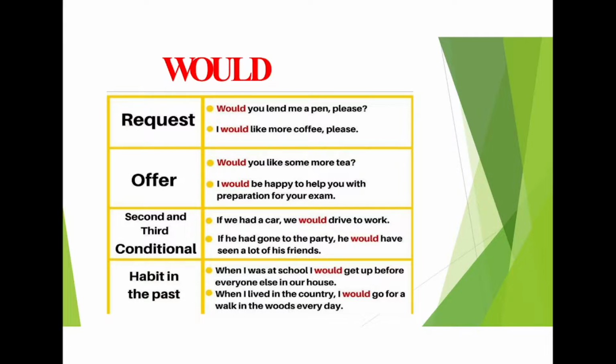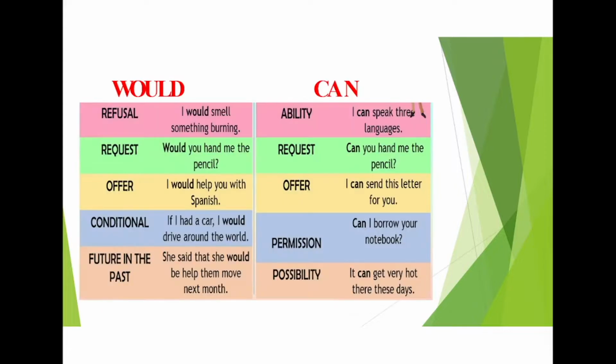When I was at school, I would get up before everyone else in our house. When I lived in the country, I would go for a walk in the woods every day. So this is a certain habit of the past which you are mentioning. Okay. Now here before you there is again a comparison between would and can. Refusal is would. Polite request is would.